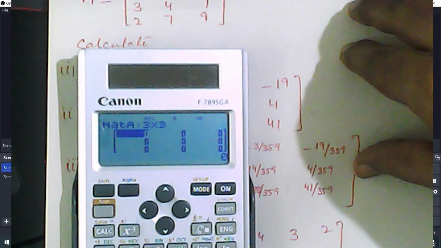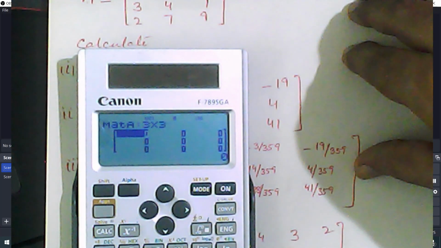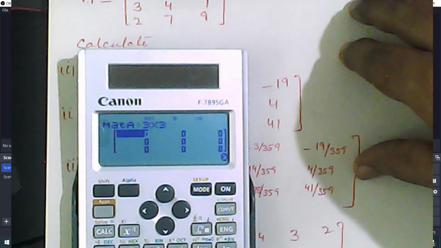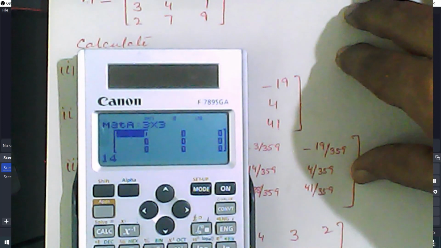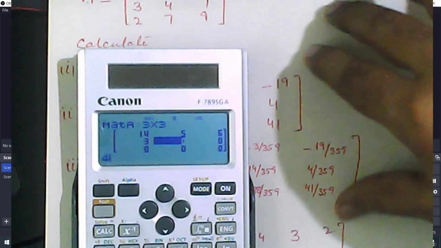Okay, the data given is the first row and first column, 14, and then we go to 5, and then we go to 6, and then we go to 3, 4.